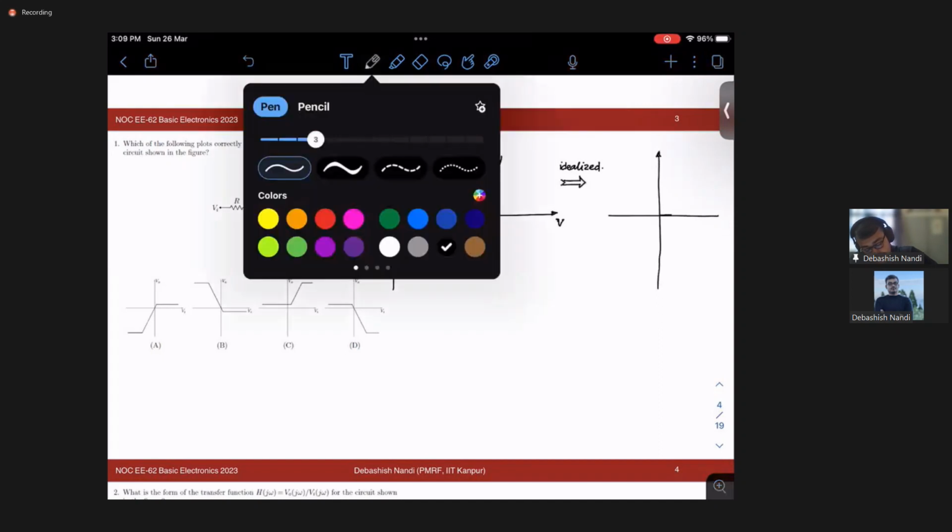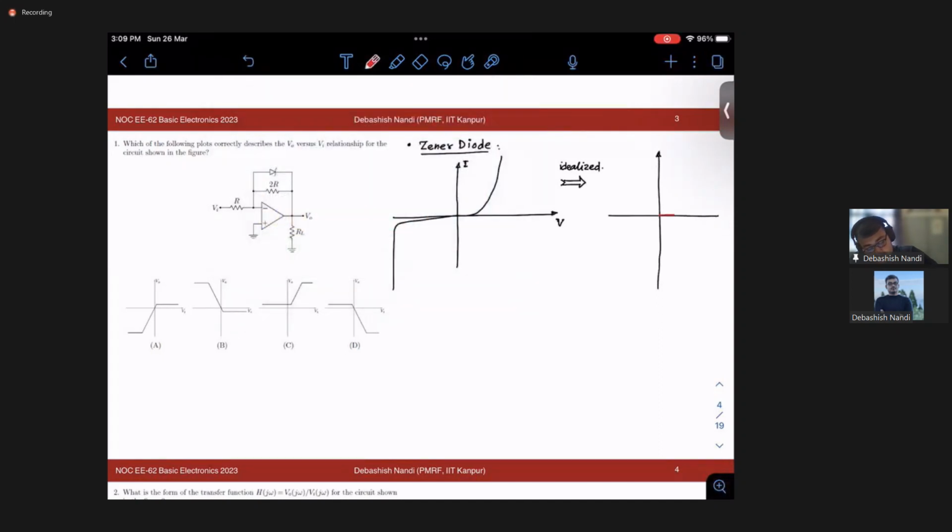So let me change the color. It will be like this, and it will be something like this. Right? This voltage we'll call VD, which is for a silicon diode. It is in the range of 0.6 to 0.7 volt.